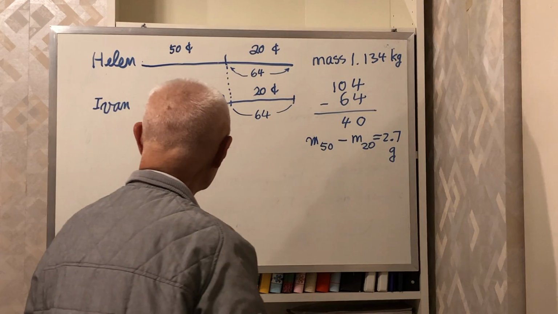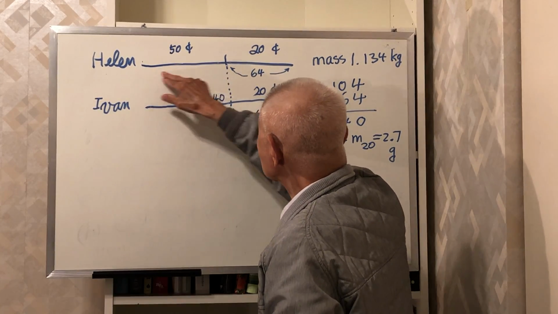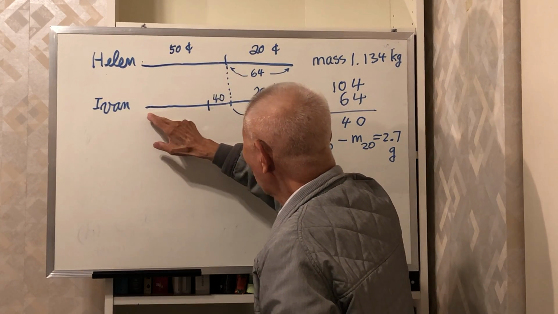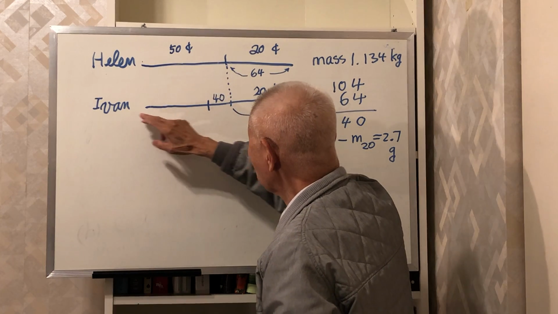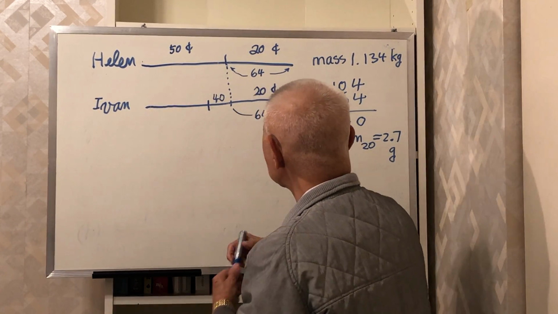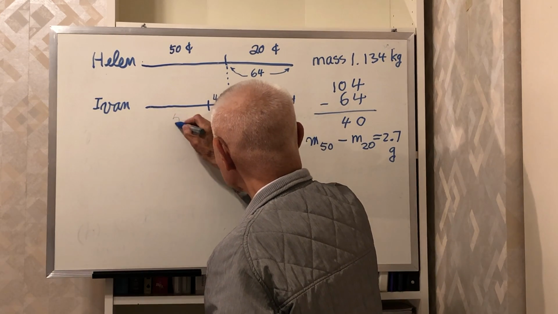Now, the number of 50-cent coins Helen has is more than the number of 50-cent coins Ivan has. You see, Ivan has 50 cents from here to here, okay?